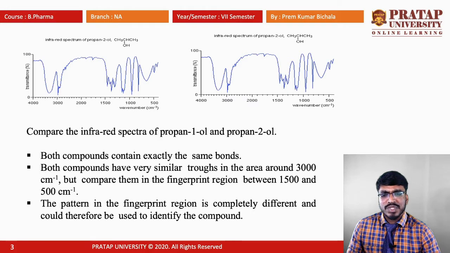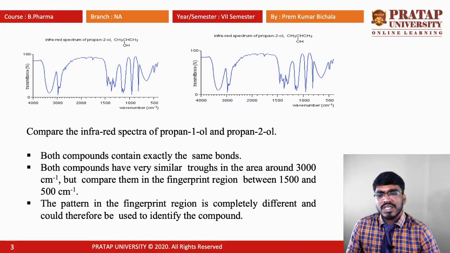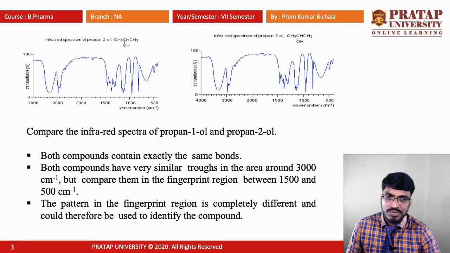But compare them in the fingerprint region between 1500 and 500 centimeter inverse. The pattern in this fingerprint region is completely different and could therefore be used to identify the compound. So most probably we can use the fingerprint region for the proper identification of compounds. In the group frequency region we have similar troughs, but in the fingerprint region the wave numbers of the troughs are different from each other.